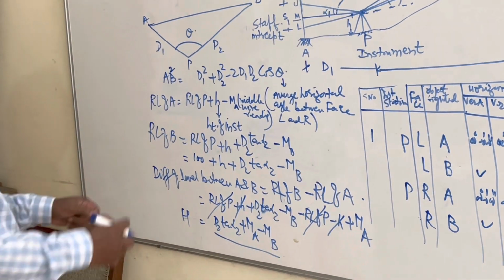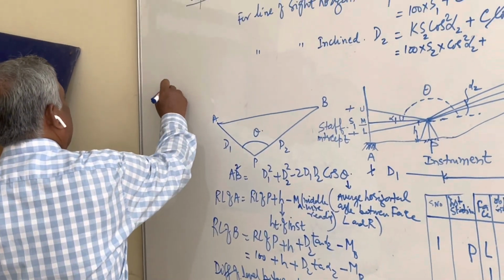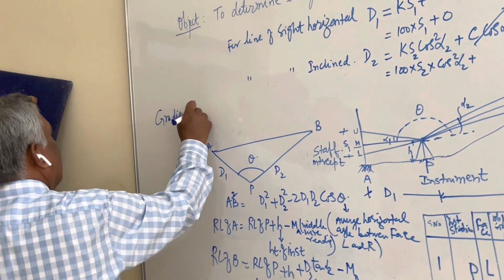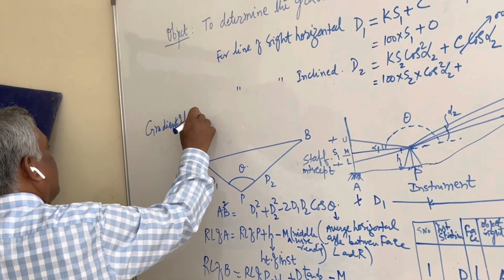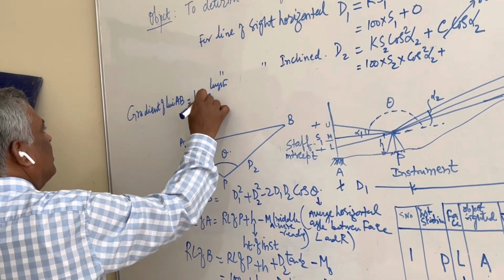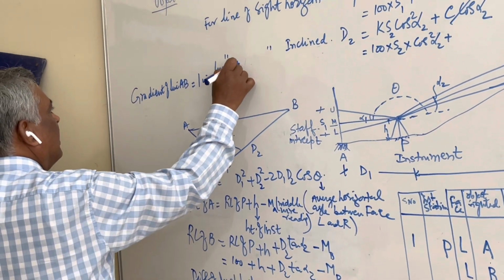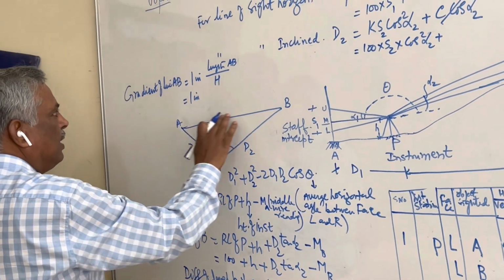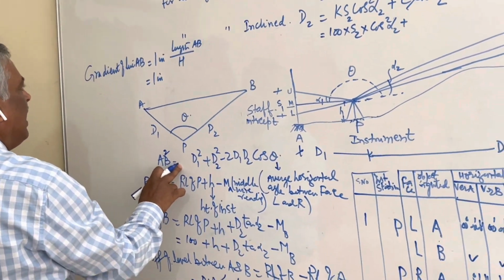So now the gradient of line AB is 1 in length AB upon H. So suppose AB की length we have calculated from here.